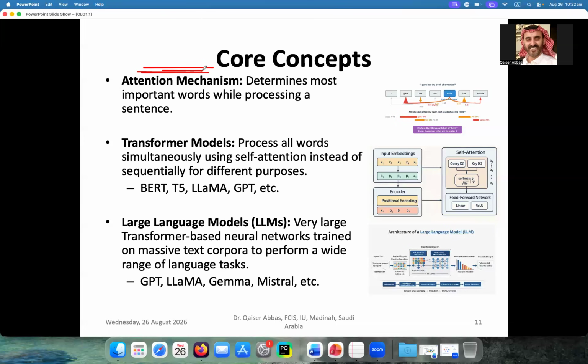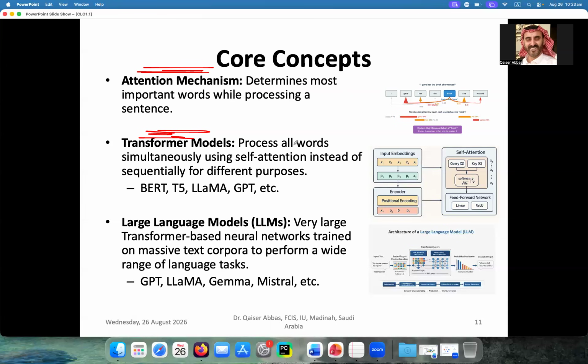In general meaning, the attention mechanism will identify important words. Mathematically, how can I say that? They will identify those words which have high probability. Transformer models are models that have an encoder and decoder formation. These models normally process words simultaneously, in parallel.